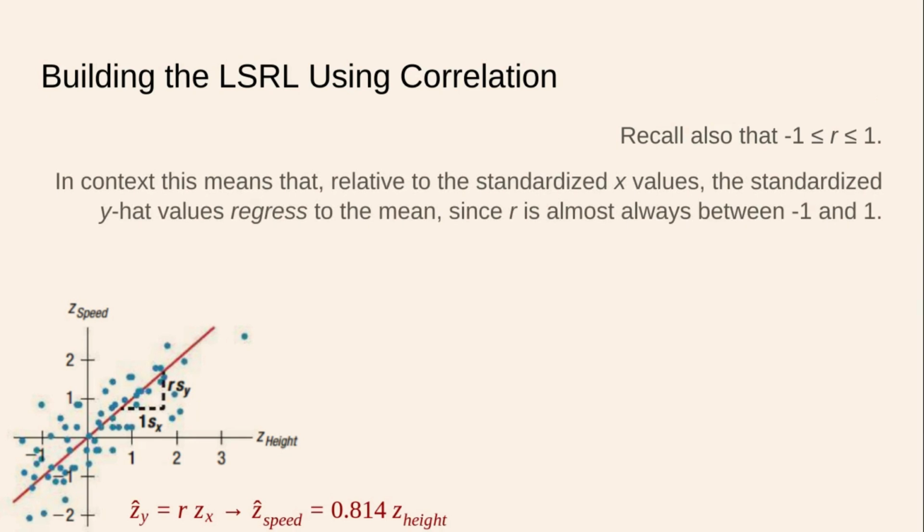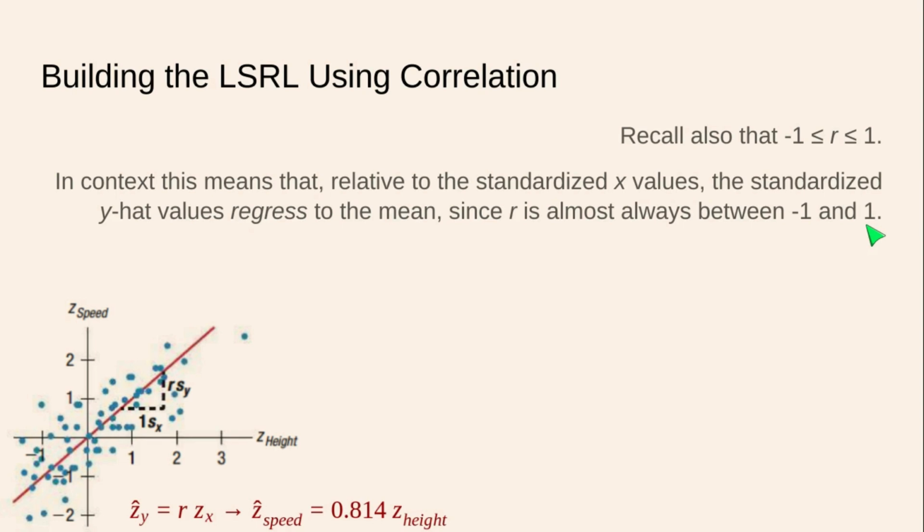So in this context, that means that relative to the standardized x values, the standardized y hat values regress to the mean, hence regression, okay? R is almost always between -1 and 1. The ants are not, in real-world data, ever going to be marching one by one down and to the right or marching one by one up and to the right.